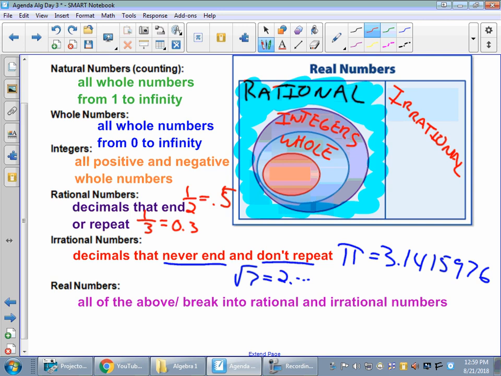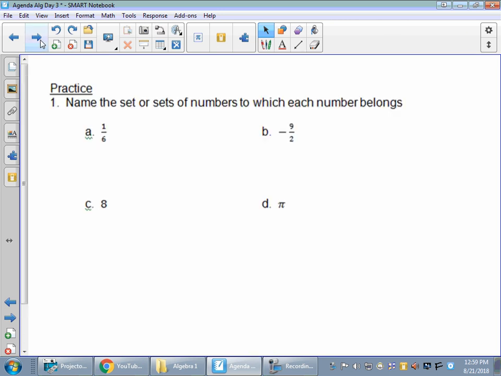And then one more subset would be your natural numbers in here, because this excludes 0, basically 1 to infinity. So that's kind of how the rational and irrational numbers fit into our real numbers box and are split up like that.